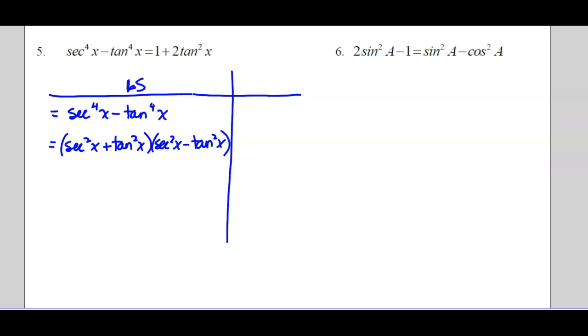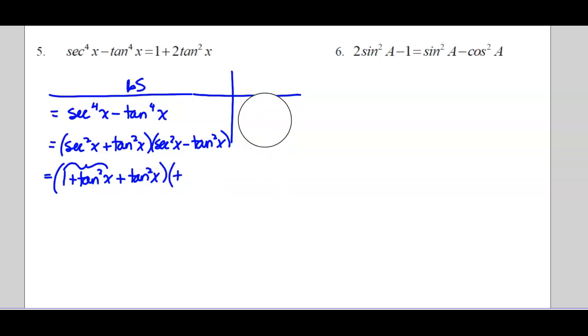So I'm going to replace secant squared with 1 plus tan squared, because hopefully that's going to help me get to this. So secant squared becomes 1 plus tan squared here, and this secant squared becomes 1 plus tan squared.